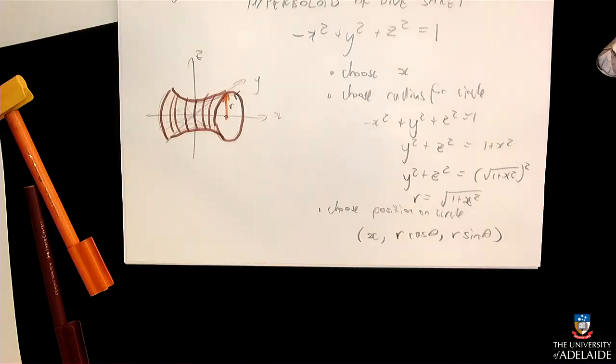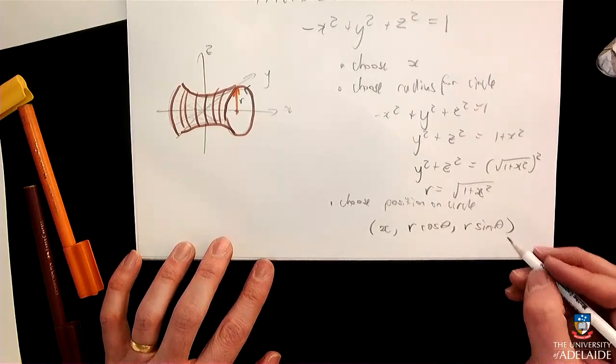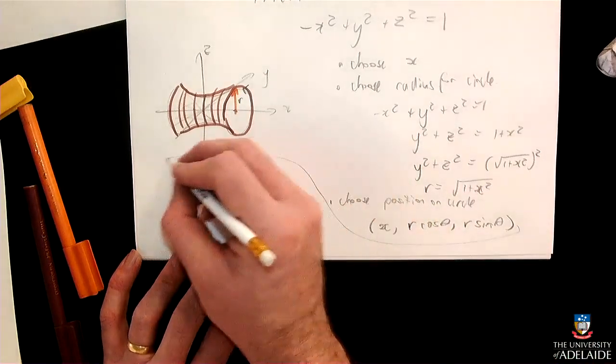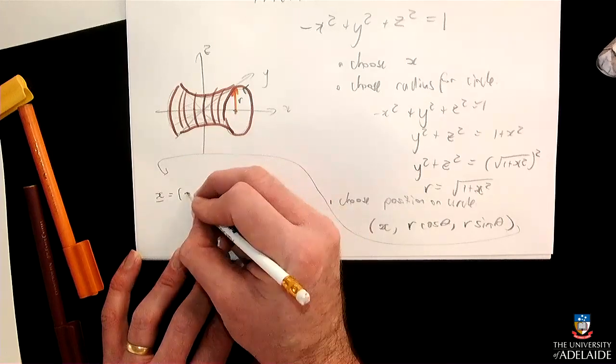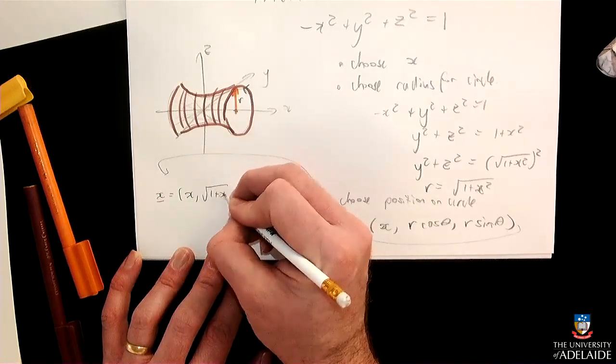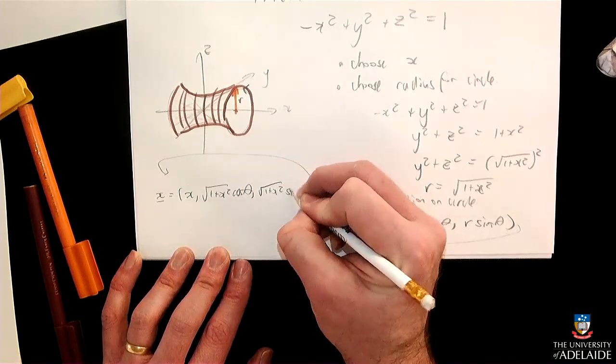So what does that look like in total? That r is actually this. So we end up with the position being x, root 1 plus x squared cos theta, root 1 plus x squared sine theta.